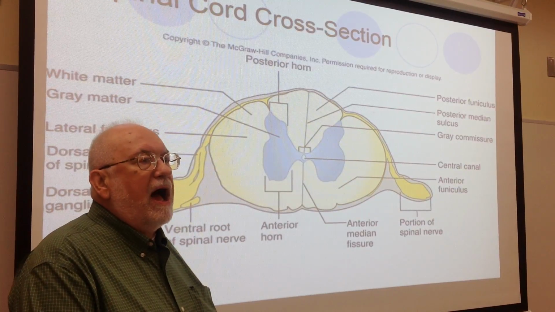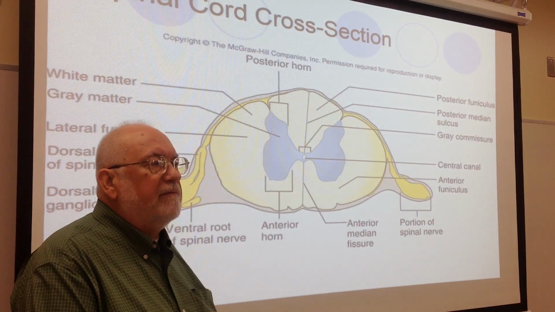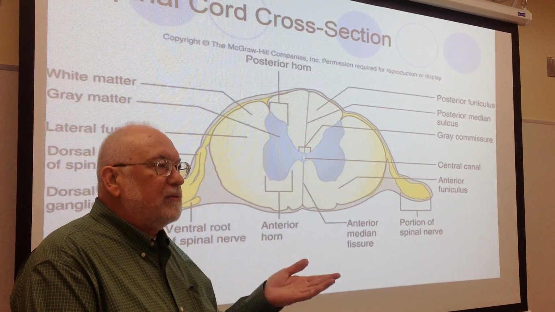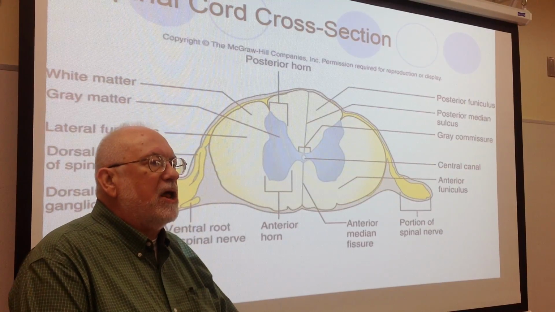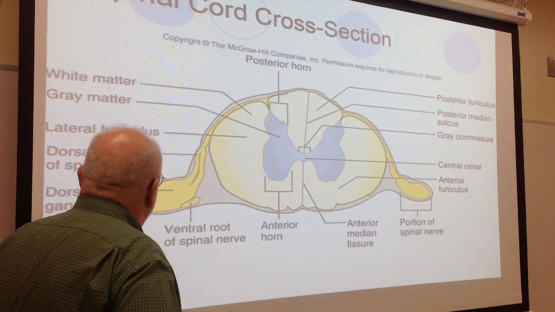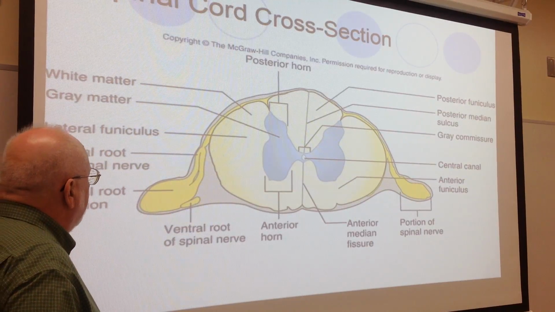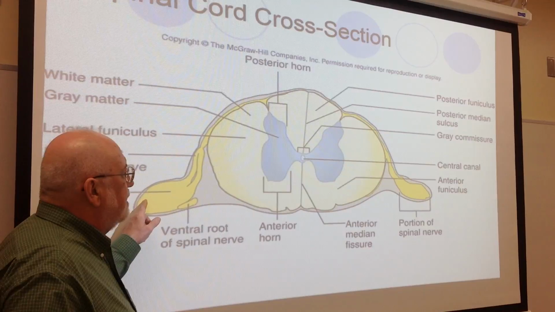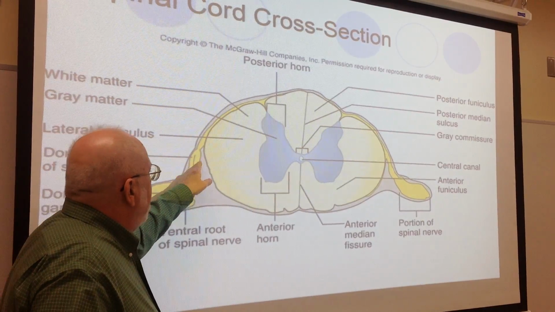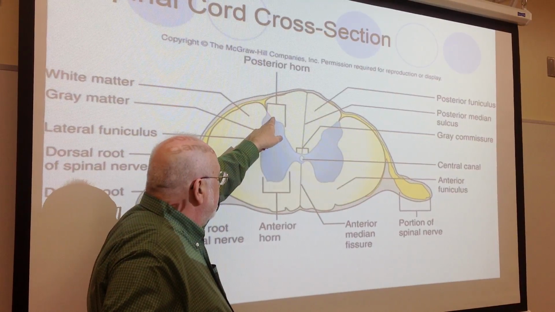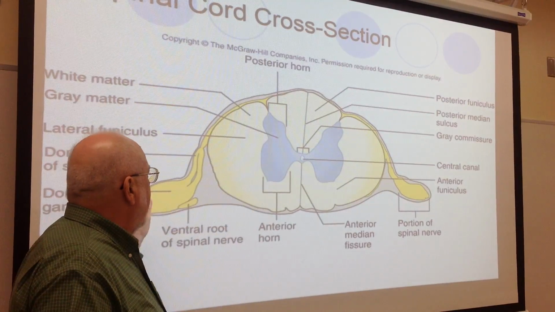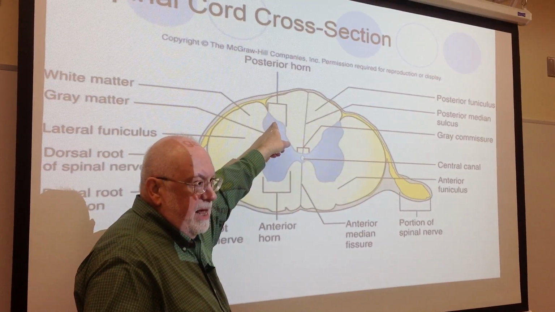Those are where you find the cell bodies of sensory neurons. All right? And those sensory neurons, as we mentioned in lecture, are unipolar neurons. Okay. So sensory information is coming through axonal fibers into this dorsal root ganglion. The cell body is there. There's then a fiber going into the posterior gray horns, carrying that sensory impulse information into here.